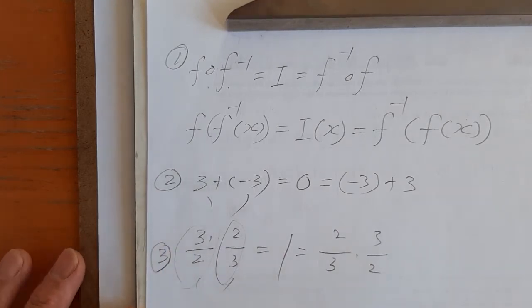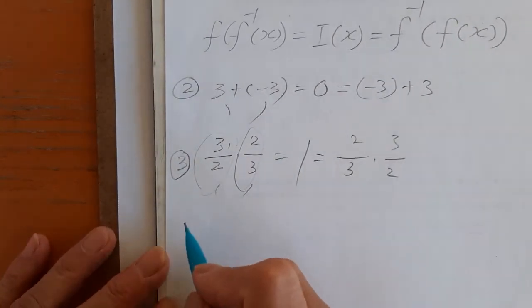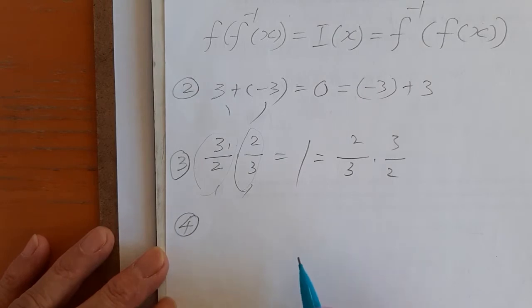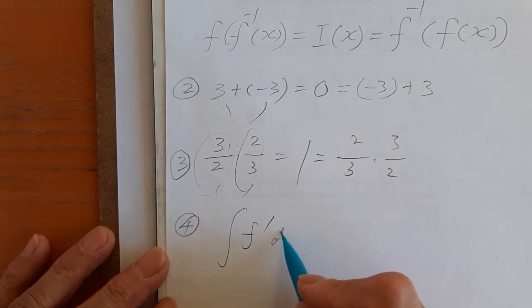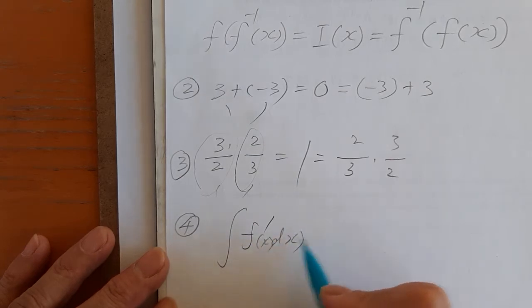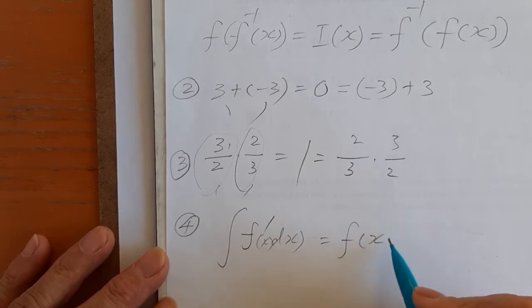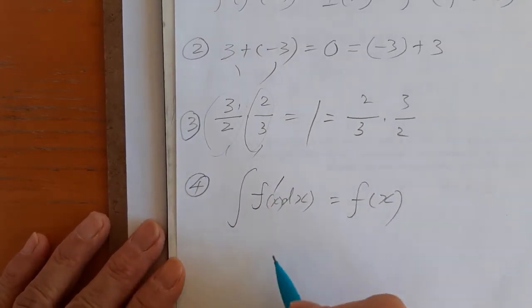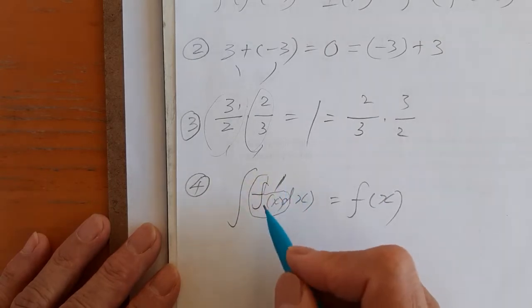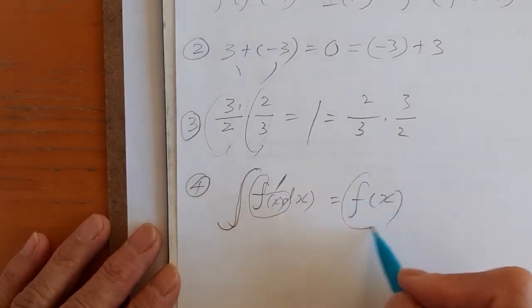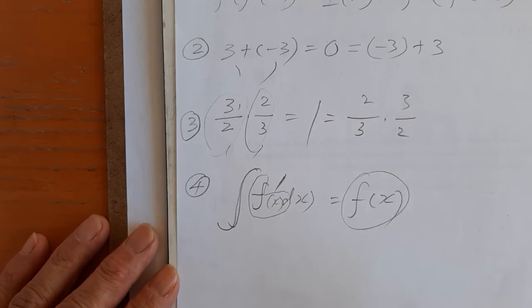For the same thing in calculus, you take the derivative, then you take the integral, and it is going to be the original f of x. If f of x takes derivative, then takes integral, it is still f of x.